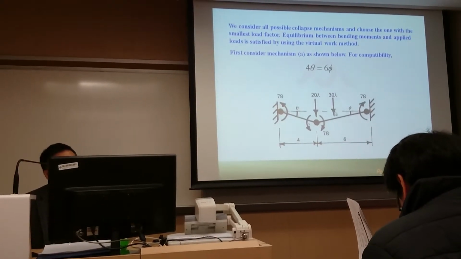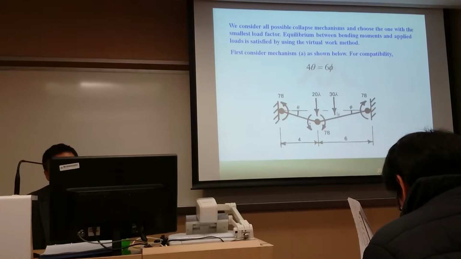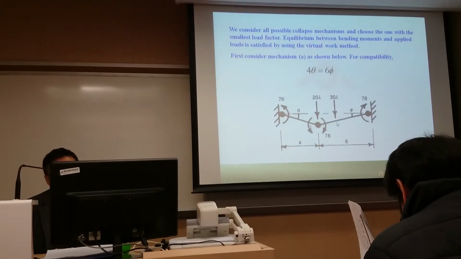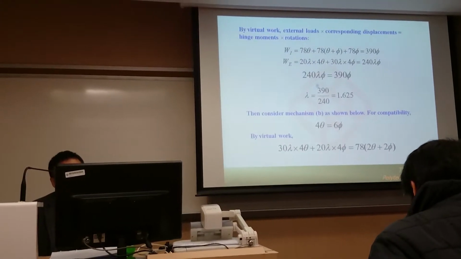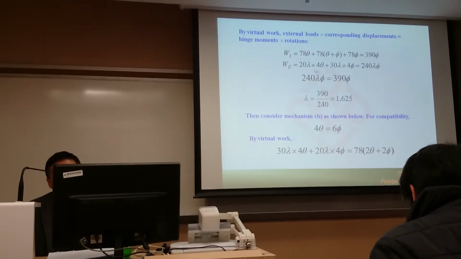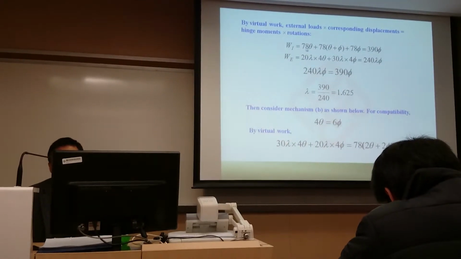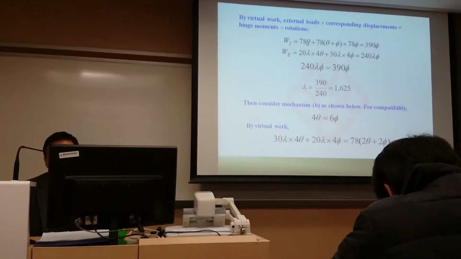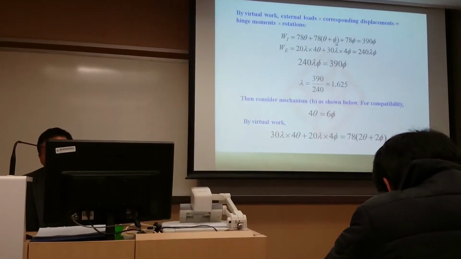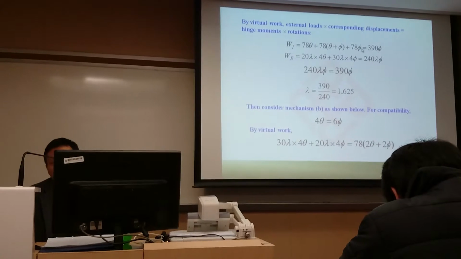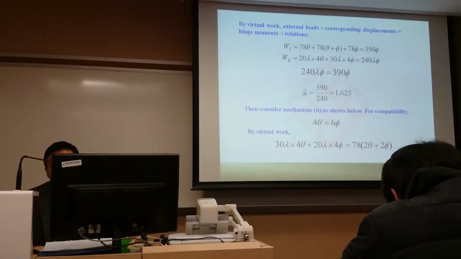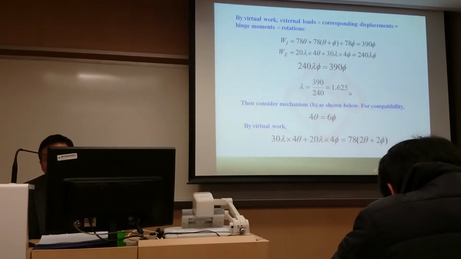Some students ignored this term in the previous examination. So we have 2 terms in the external energy. And this is the internal energy for the left plastic hinge, the internal plastic hinge, and the right plastic hinge. So from this case, we can obtain the load factor.